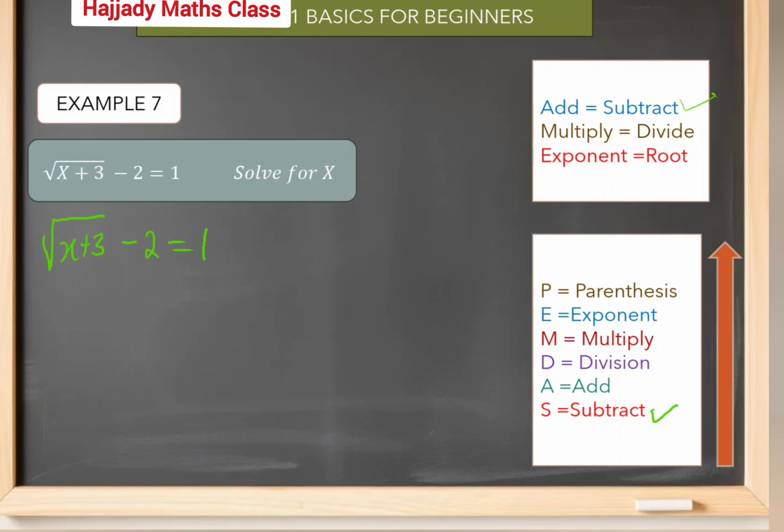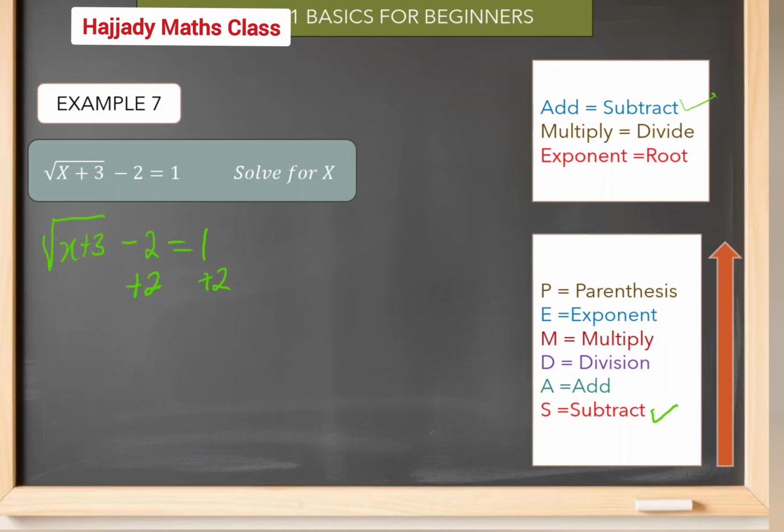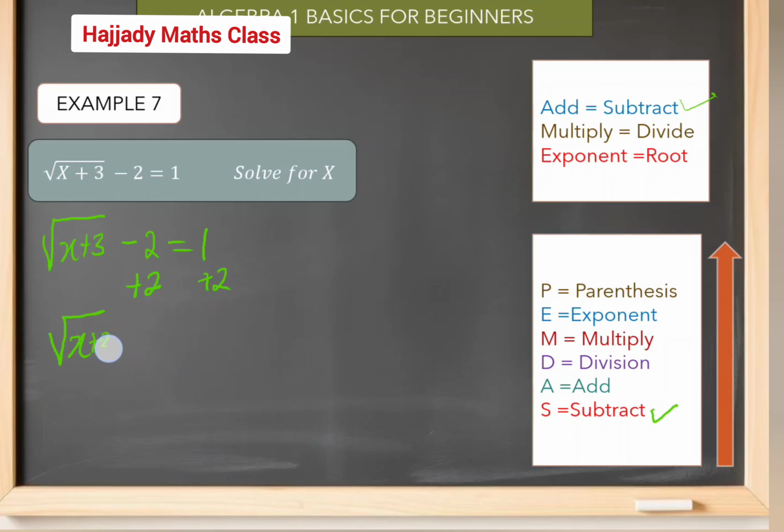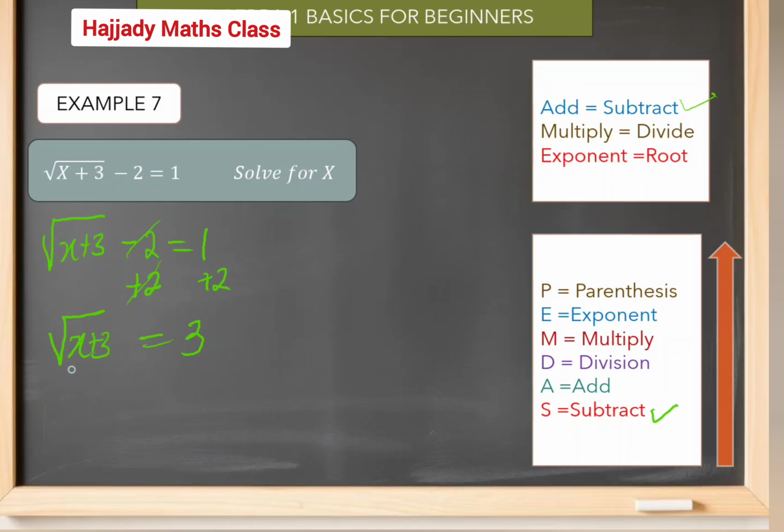Now, introducing the inverse of subtraction, which is plus 2, plus 2. Now we have the square root of x plus 3, minus 2 plus 2 cancel out. 1 plus 2 gives 3. Do we have addition? Yes, we do, but it is inside the root, so we don't deal with that.